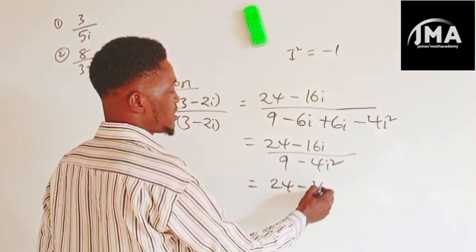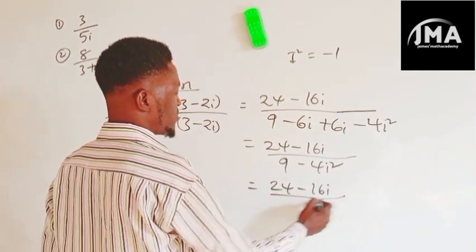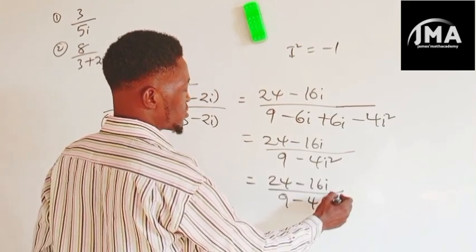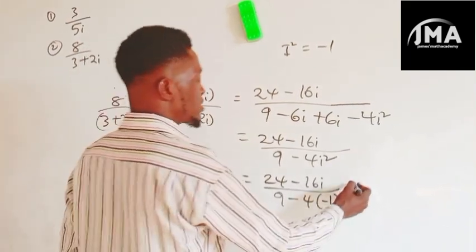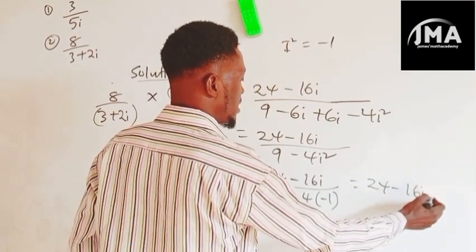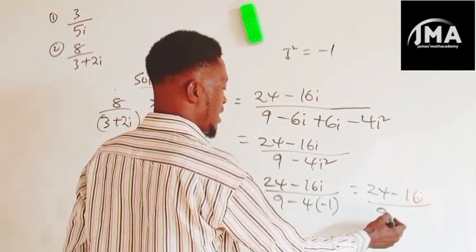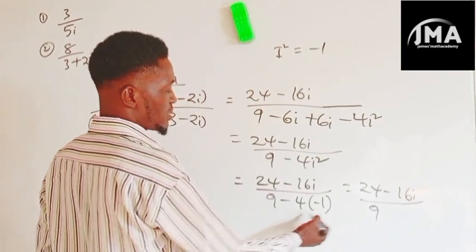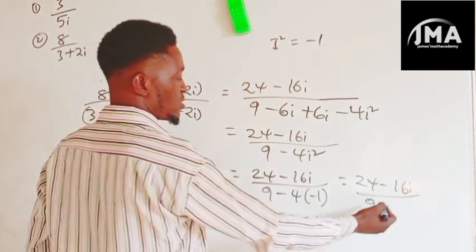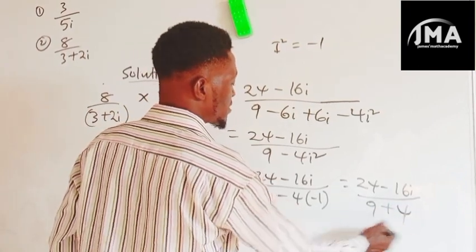So it can be written as 24 minus 16i everything over 9 minus 4 bracket minus 1, ain't it? So I'm writing 24 minus 16i everything over 9 minus 4 times minus 1. Minus 4 times minus 1 is plus 4, right?